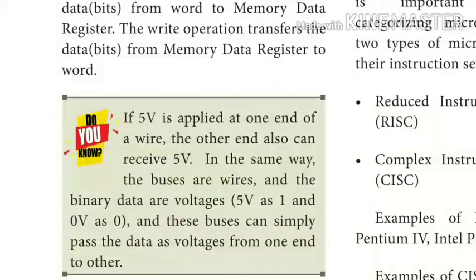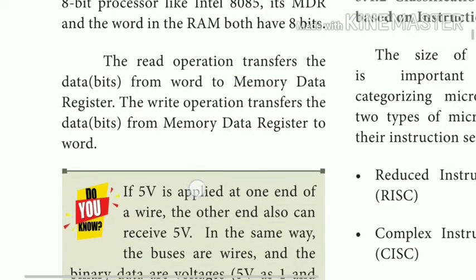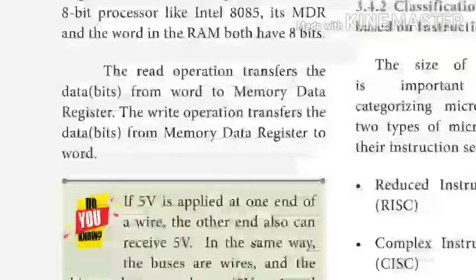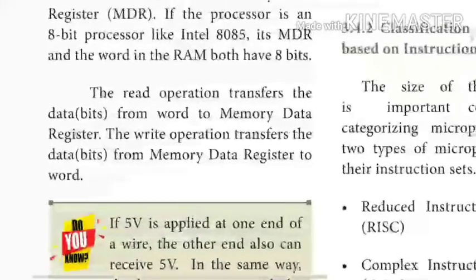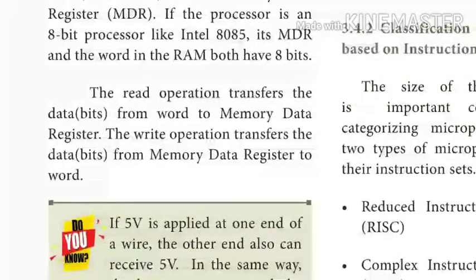If 5 volts is received at one end, then it is considered as 1. If no voltage is received at the end, then it is considered as 0. This is how the data is transferred. This is the method by which data is transferred from one part of the computer to another part of the computer.